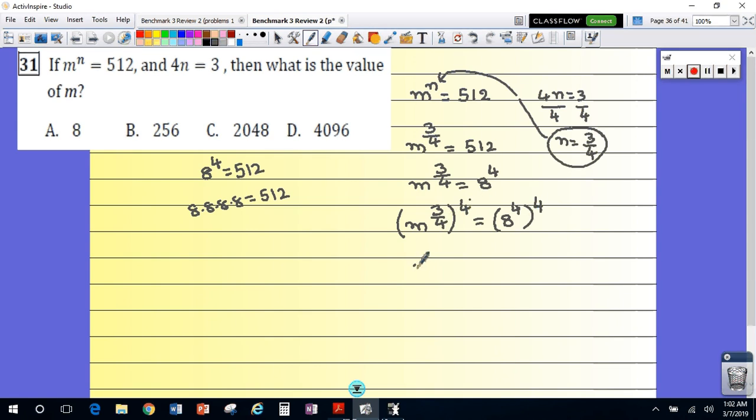So this is m to the exponent 12 over 4 equals 8 to the exponent 16. So this is m cube equals 8 to the exponent 16. Okay, now how can we simplify this one? So m equals cube root of 8 to the exponent 16.